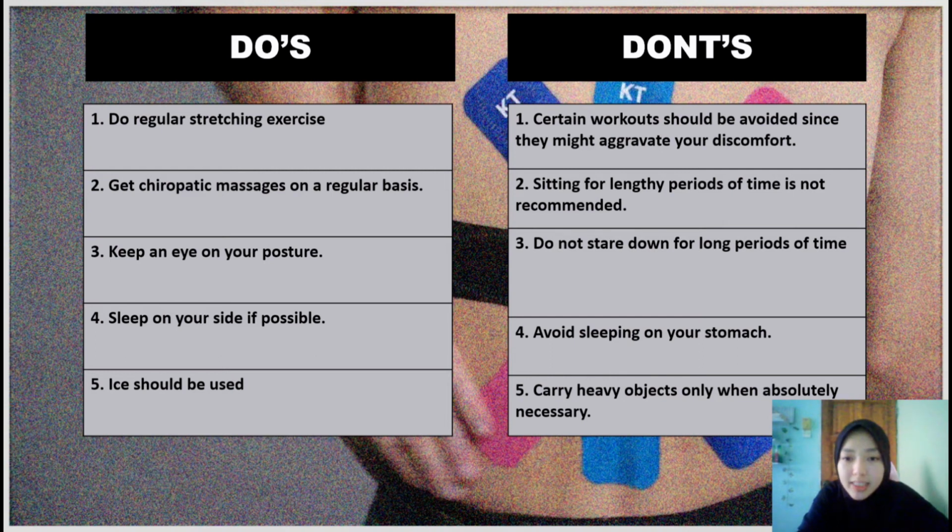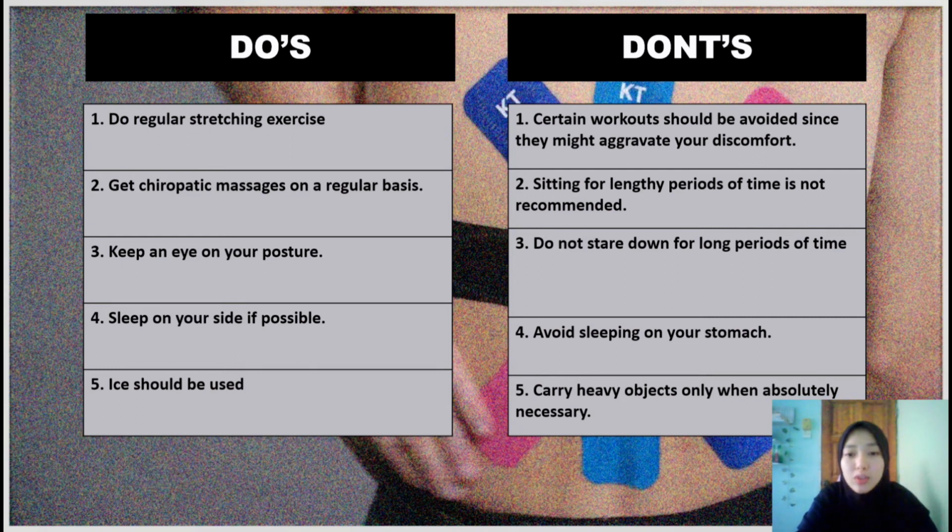Number 2, sitting for lengthy periods of time is not recommended. While you are sitting down, your lower back can bring disaster to your neck. While you play with your phone, you have to take a break for a while and do stretching at least every 30 minutes.